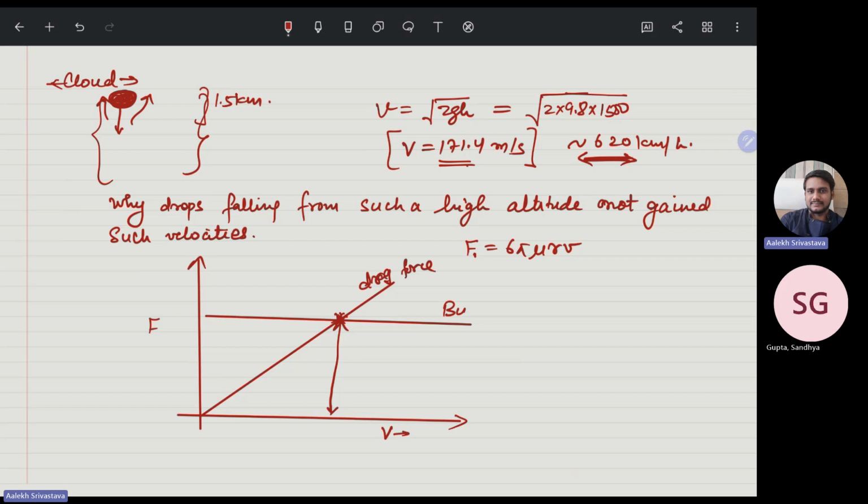Then you get a point that is called V star, the terminal velocity, and after this there is no change in velocity. That's why, although rain is falling from such a high altitude, the drop will not get the velocity of 620 kilometer per hour, which is not achievable for a drop. So that is the importance of the terminal velocity.